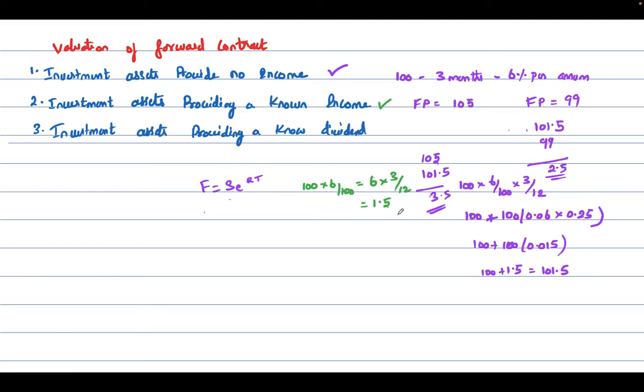This is the interest you are going to get if you invest 100 rupees for 3 months at the rate of 6 percent. So this is interest. The principal amount is 100 plus 1.5, it is going to be 101.5.